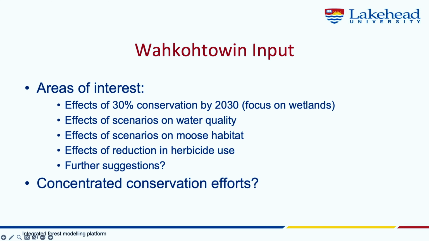And as expressed, the interest is in mostly protecting the wetlands. A lot of that is value for water quality as well as moose habitat. And it also breaks down into, as we've heard again, reduction in herbicide use, which is something I'm still working on, but have an idea of how we can actually represent that within our modeling.